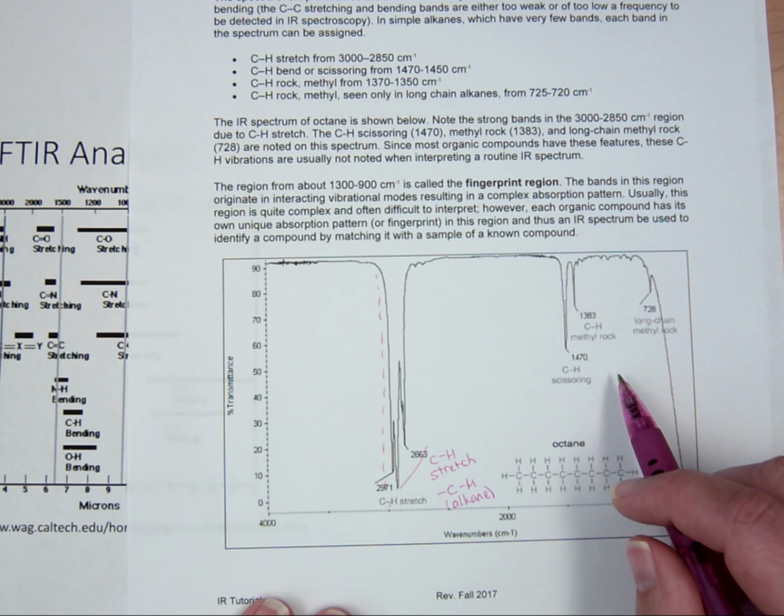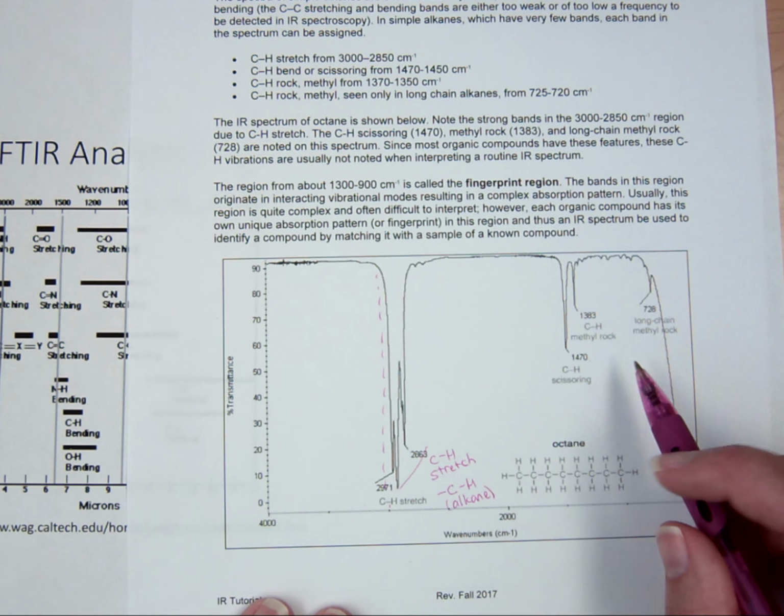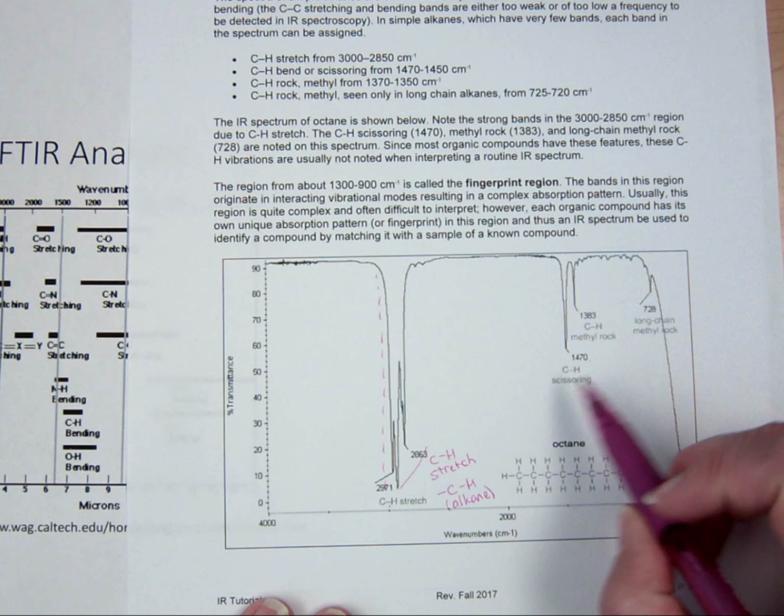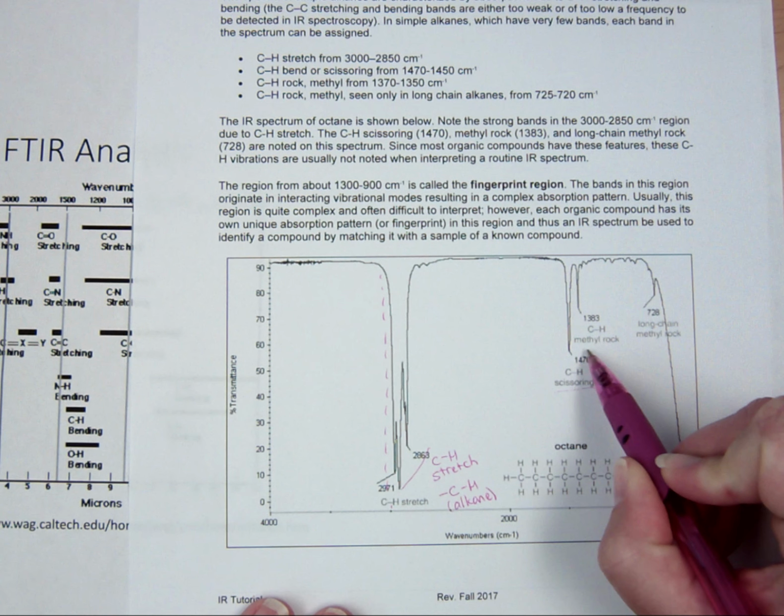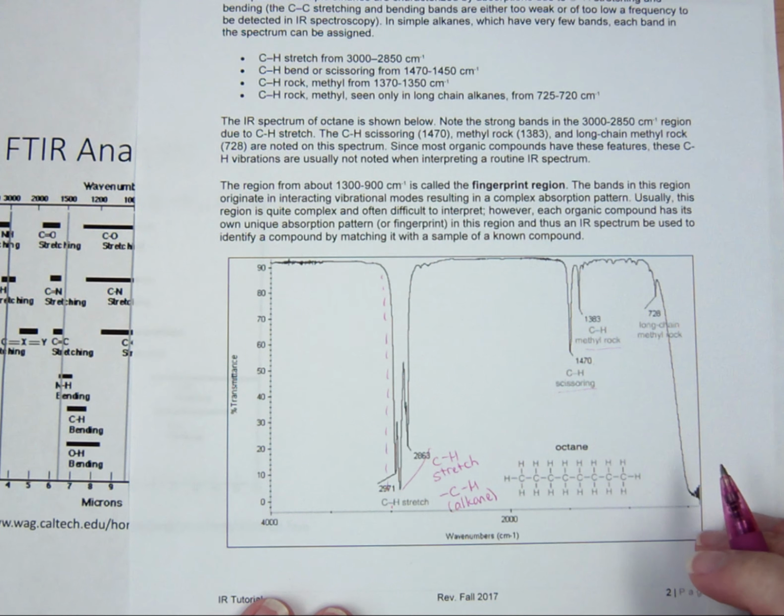We won't spend too much time delving into the fingerprint region itself, but what I would look for are something like a CH scissoring or a CH rocking as well, to confirm my call that this is some kind of an alkane.